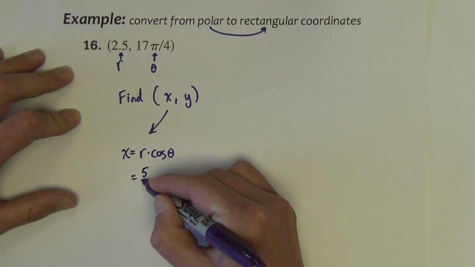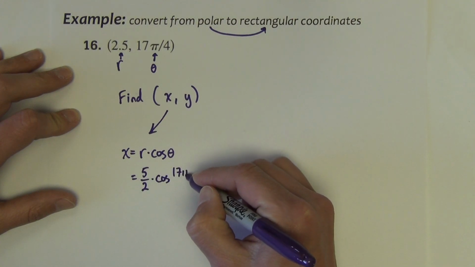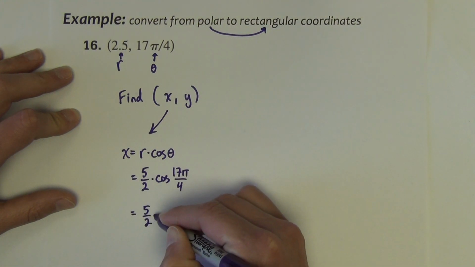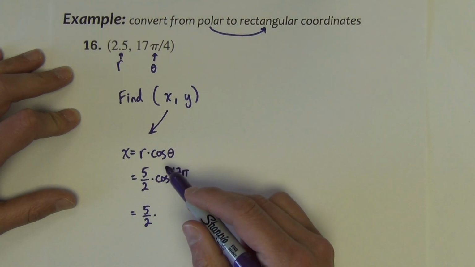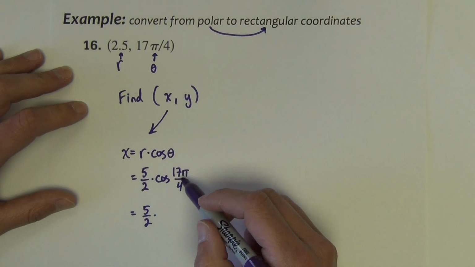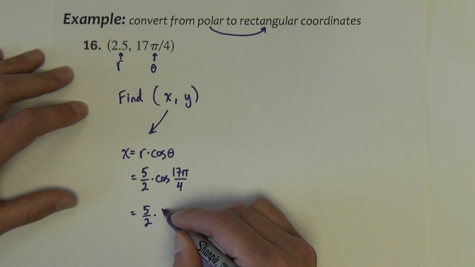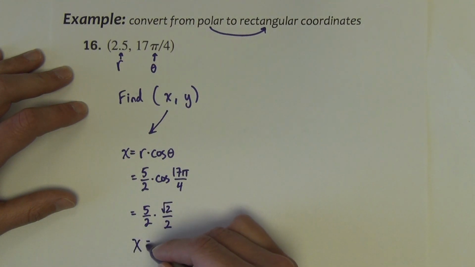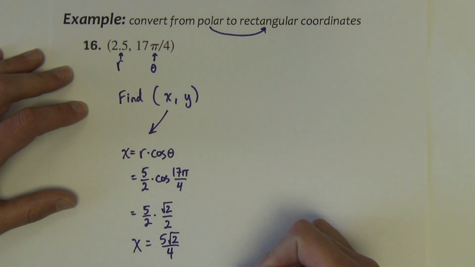I'm going to go ahead and use a fraction, 5/2, times cosine 17 pi over 4. I want an exact value, please. Let's not go with decimals. So 17 pi over 4 would be the same as pi over 4 on the circle. So that would be square root of 2 over 2. And so we get an x value of 5 square root of 2 over 4.